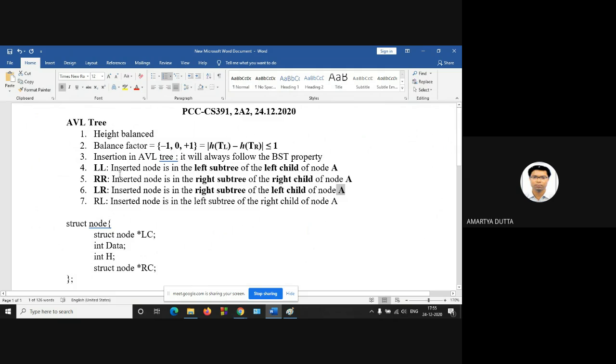This LR rotation is actually accomplished by an LL rotation followed by an RR rotation. First there will be an LL rotation, followed by an RR rotation. That's why this is called the left to right rotation.